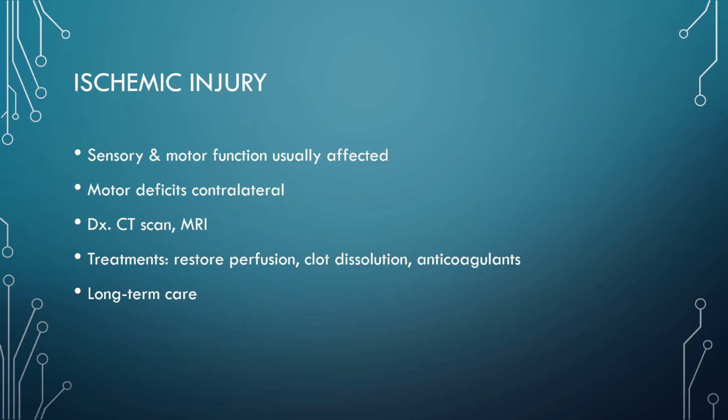And motor deficits are contralateral, meaning whichever side or whichever hemisphere of the brain, the left hemisphere of your brain controls the right side of the body and vice versa. And that's what they mean by contralateral. It means the opposite side. So if I have a patient coming in with a history of stroke on the left side of their brain, I know that they're going to have muscle weakness or maybe even absence of function on the opposite side.